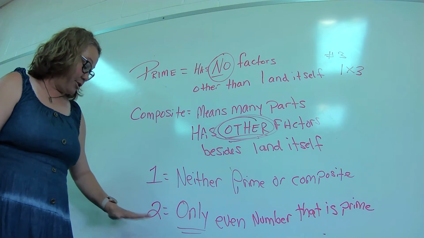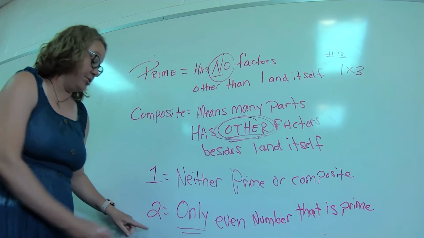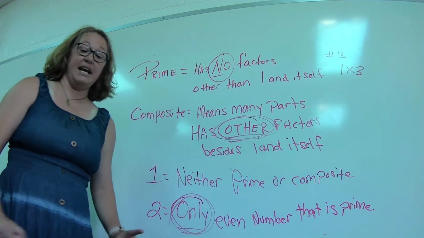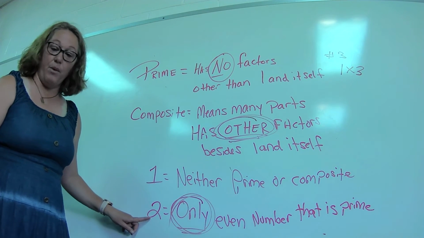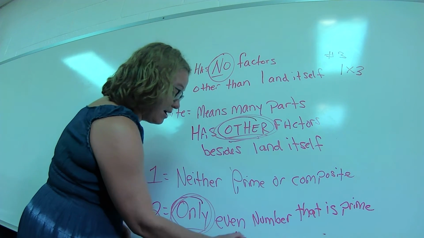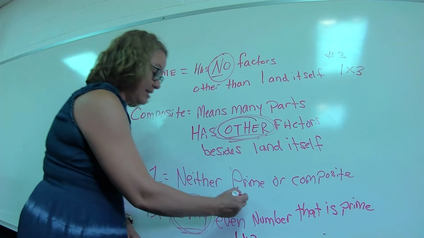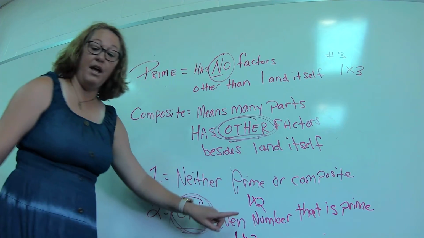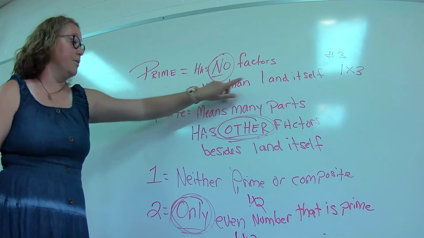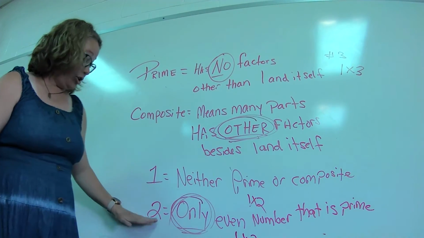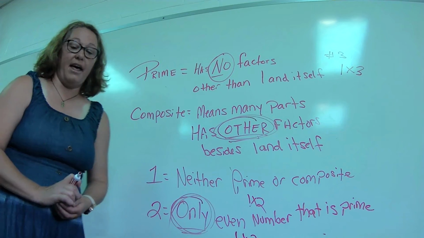Now, the number 2. 2 is an even number, but 2 is the only even number that is prime, because the only way to get 2 is 1 times 2. It is 1 times the number itself. See? 1 and itself. 2 is the only even number that is prime.